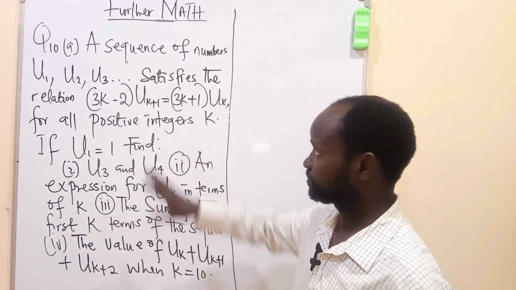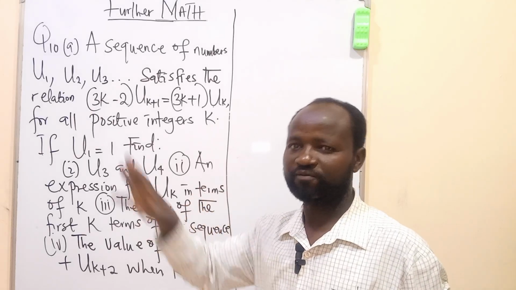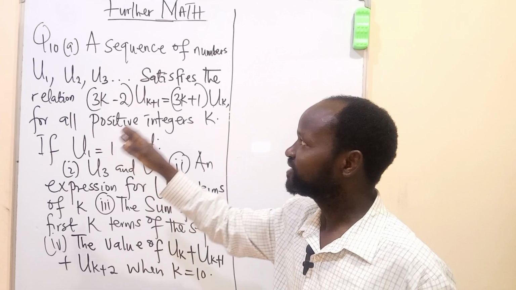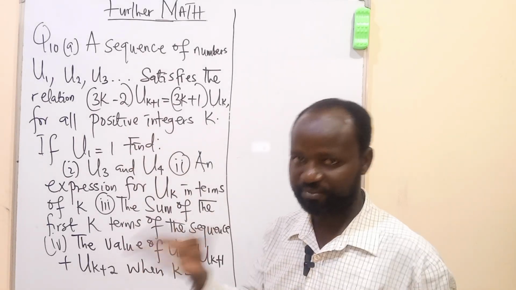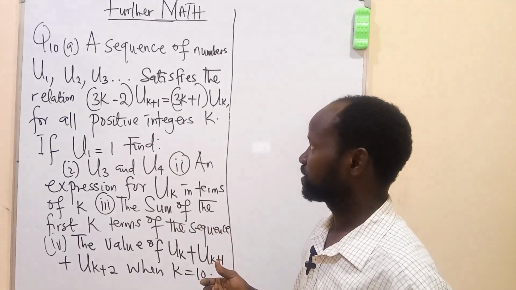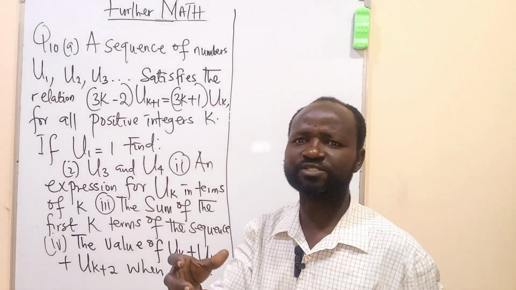First thing to do is to identify which topic this question is from. Of course, this is from sequences and series. Let's look at the pattern of this sequence so that we'll know whether it is arithmetic progression or geometric progression. We are talking about all positive integers. What are positive integers?